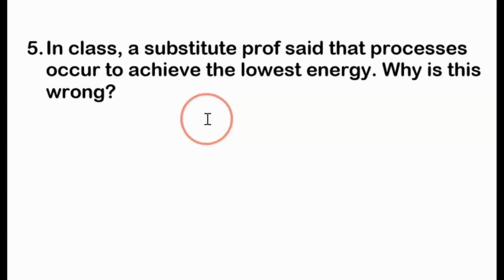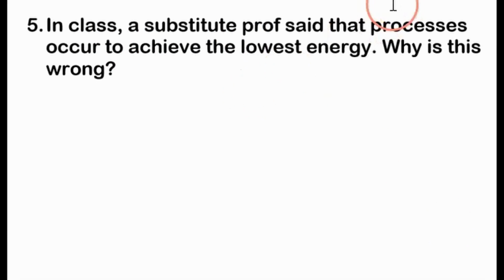We'll go through another one, a couple more questions. In class, a substitute prof, maybe not a chemistry prof, said that processes occur to achieve the lowest energy. Why is this wrong? Processes do not occur to achieve the lowest energy, because processes occur according to the second law of thermodynamics.